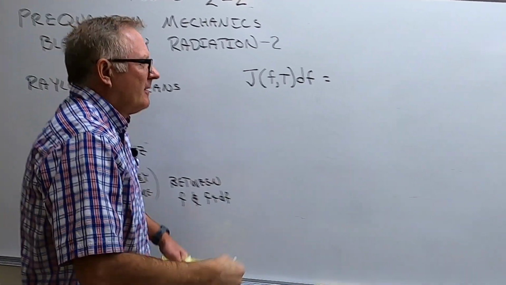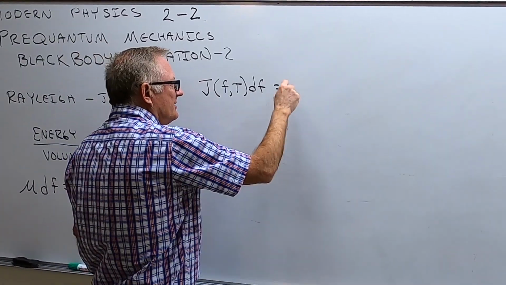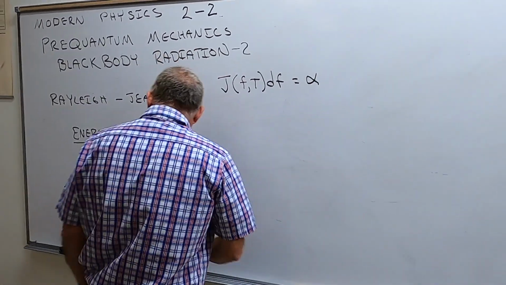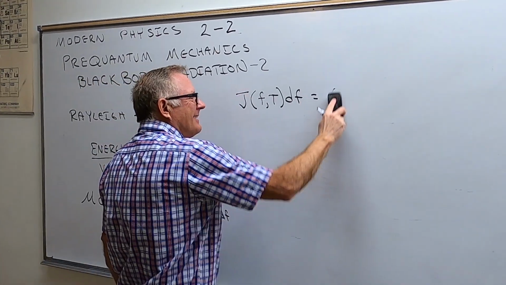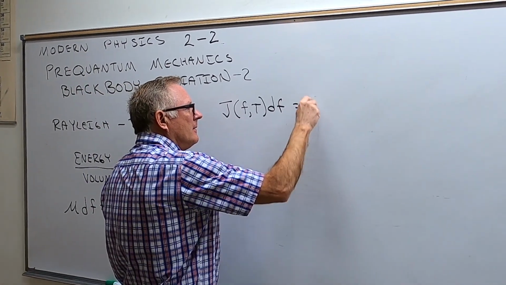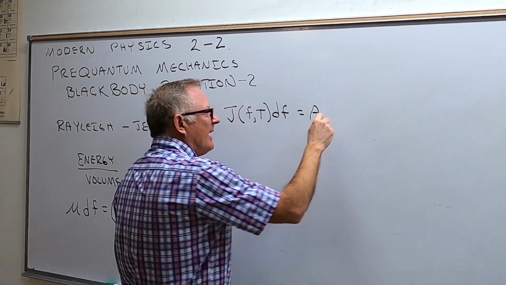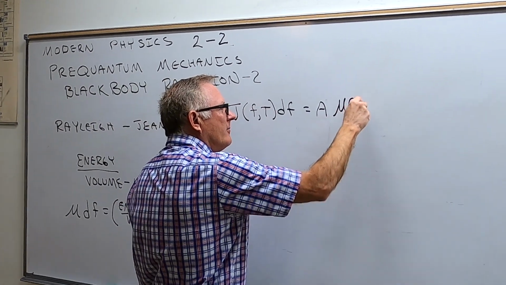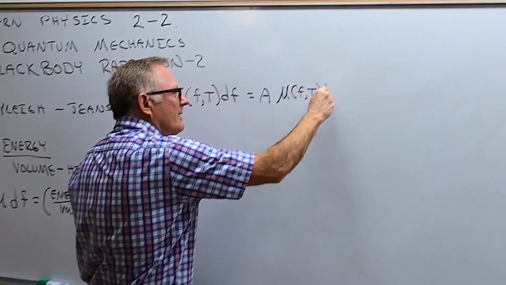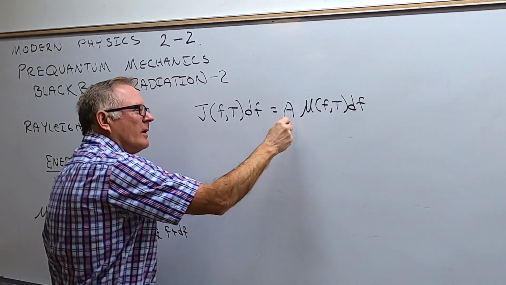I don't know, proportional. So let's just say proportional. Well, let's just give it a constant. Let's say it's A, times mu of F, T dF. I just want to get that constant.